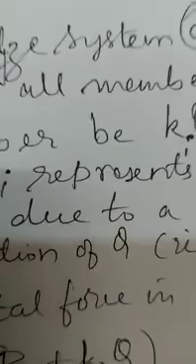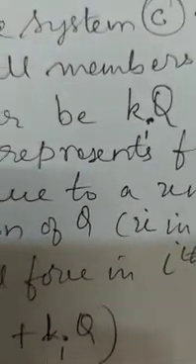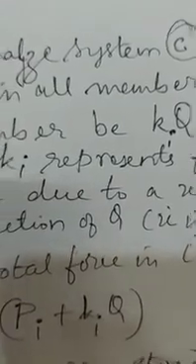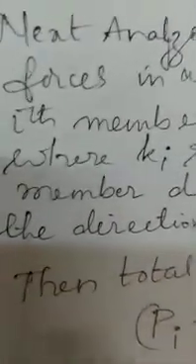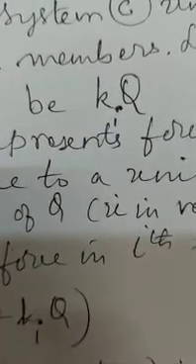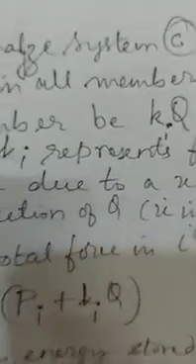What does that Ki represent? Ki into Q is the force developed in the ith member. Please note that Ki into Q represents the force induced in the ith member due to the action of the load Q at E in the truss.